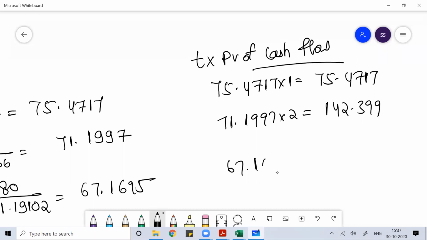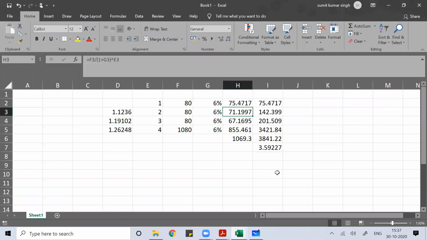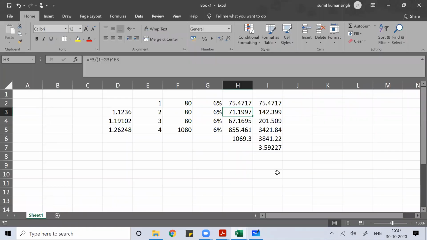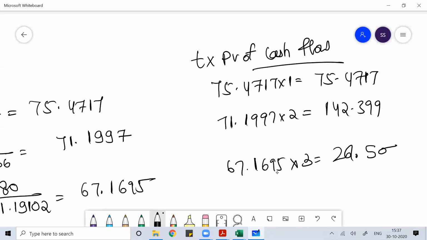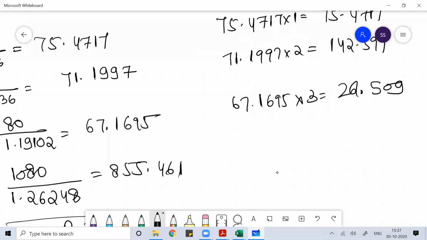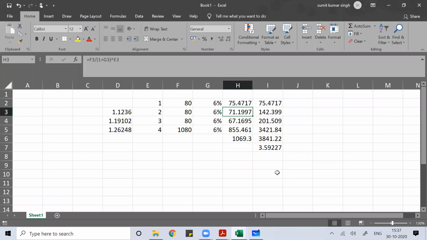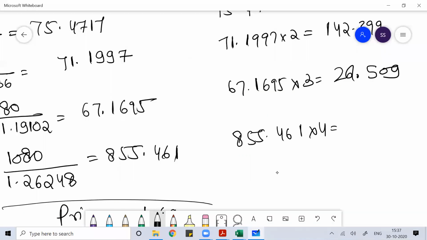Then 67.1695 into 3, 201.509. Then 855.461 into 4, 3421.84.